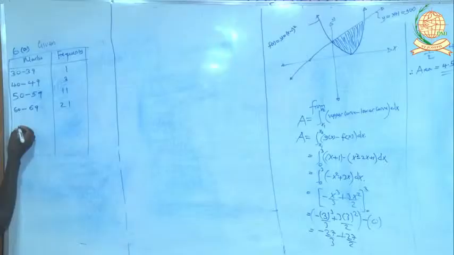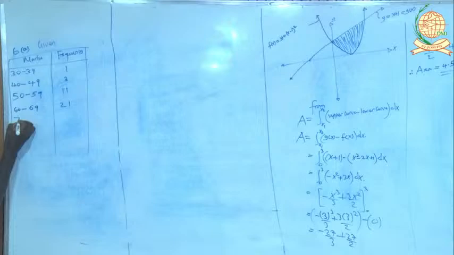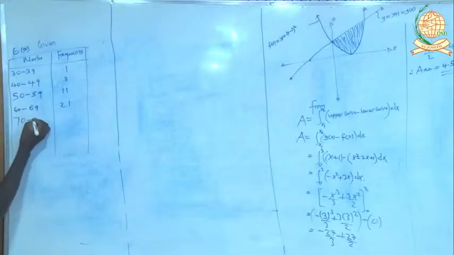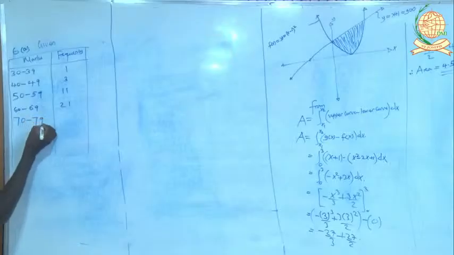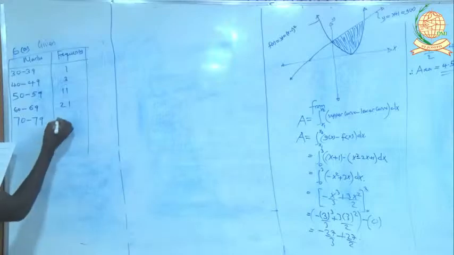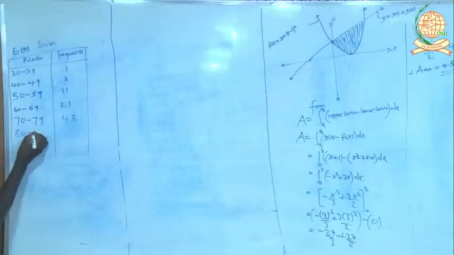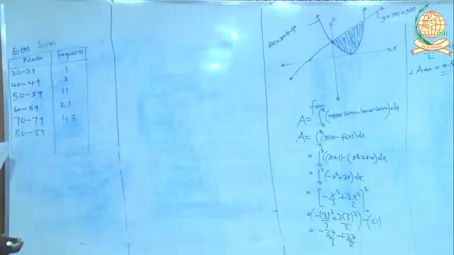So 70 to 79, its frequency is 43. 80 to 89, its frequency is 32.